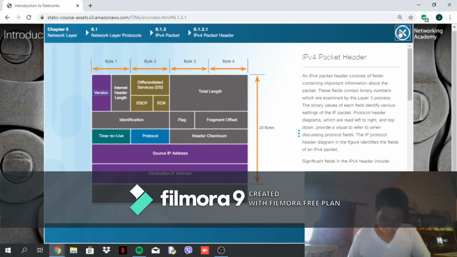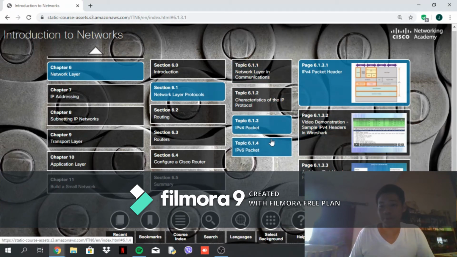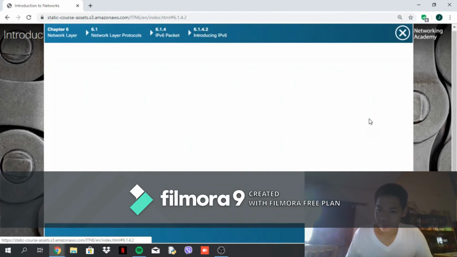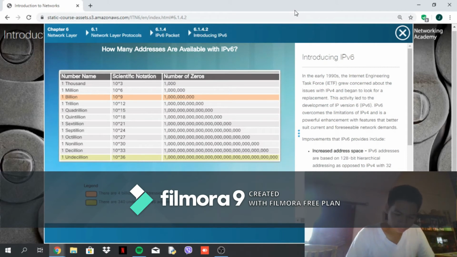Next, for IPv6, if you ask me, I don't know why there is no IPv5. Probably there is, but I guess there were problems. Anyway, IPv4 and IPv6 are the two protocols. In IPv6, it increased the address space. What is address space? Address space is the 192.1 and so on.